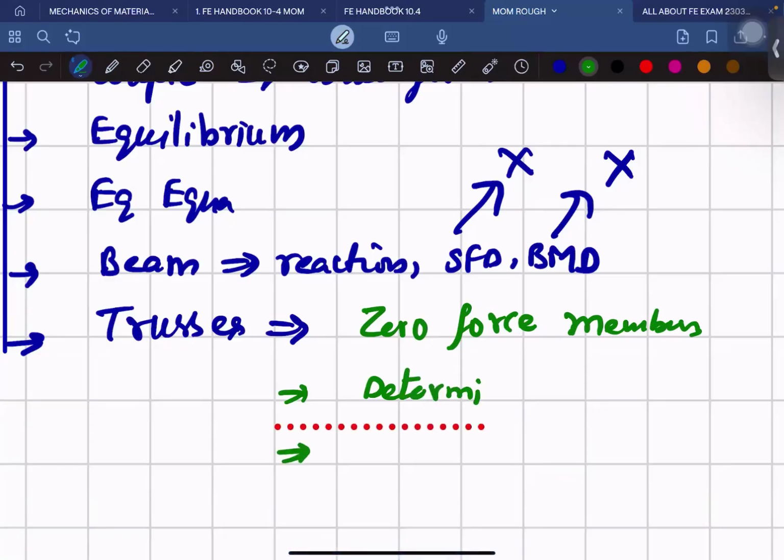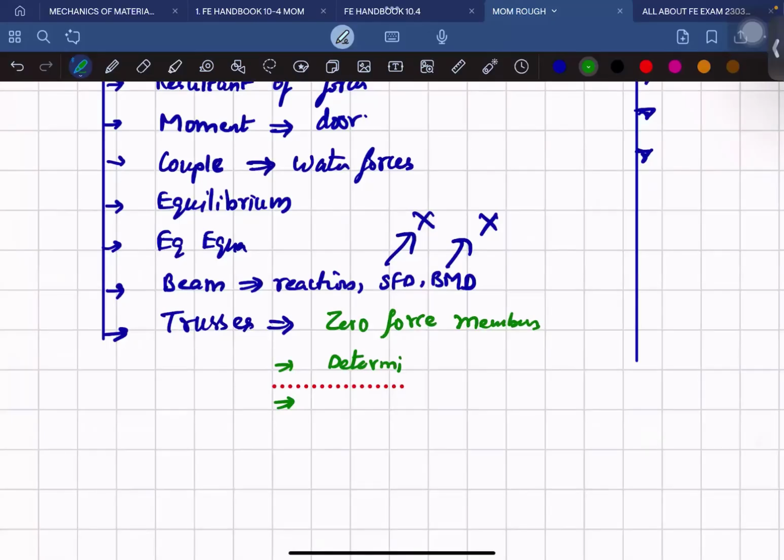Also, before that, we studied area and their corresponding centroid and moment of inertia, and then we went for friction. That's good. You guys have recalled it.